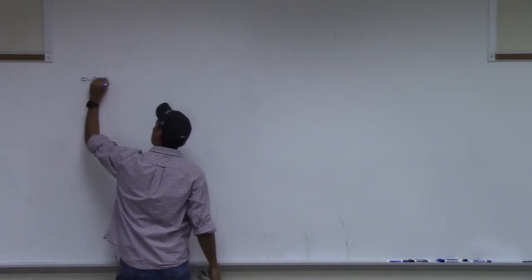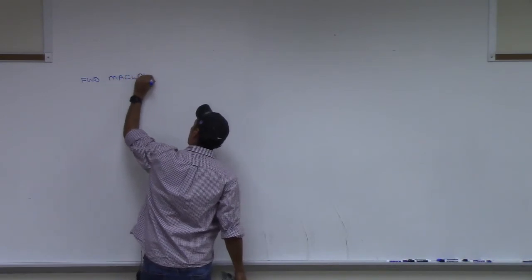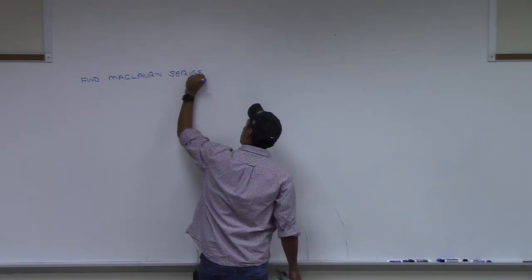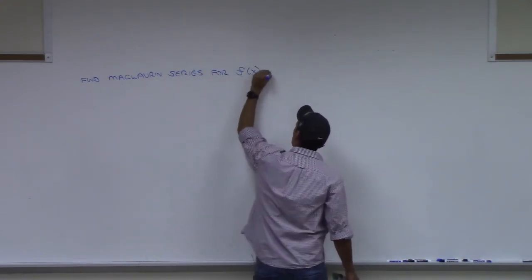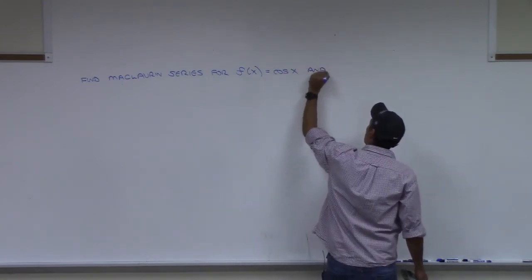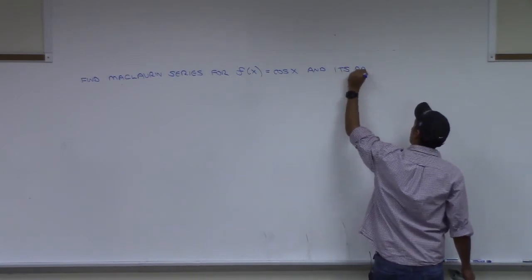Find the Maclaurin series for f of x equals cosine x and its radius of convergence.